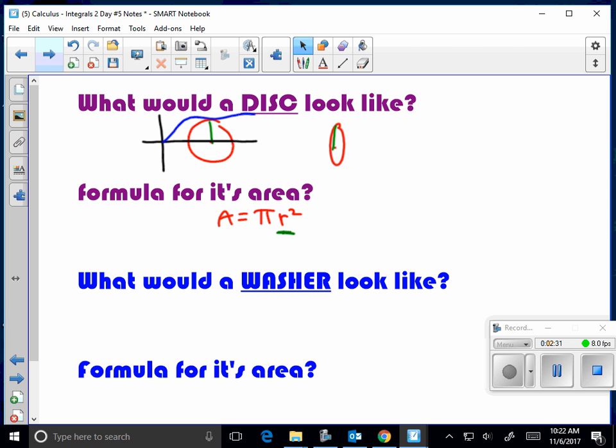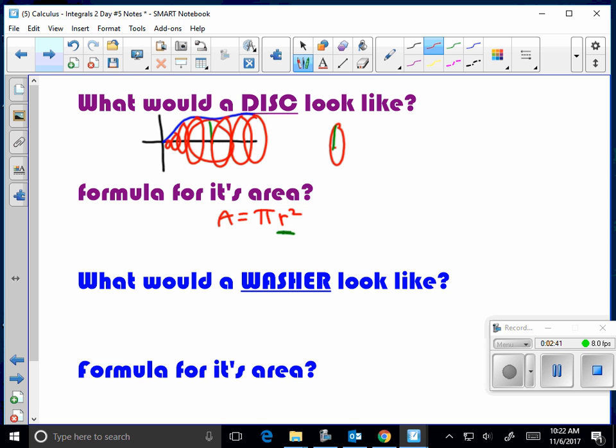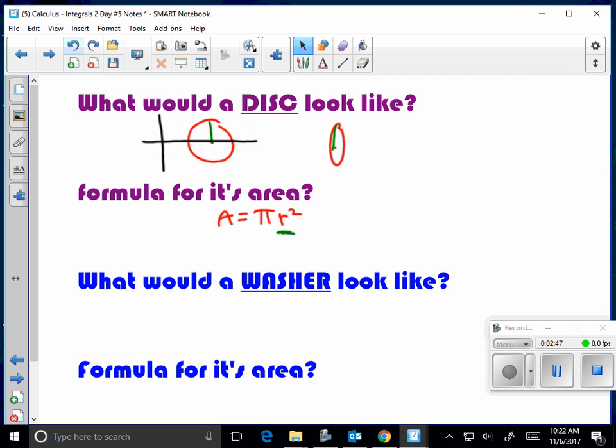I could find an infinite number of disks such that if I add up all those disks, that was really poorly drawn. Let me try that again.